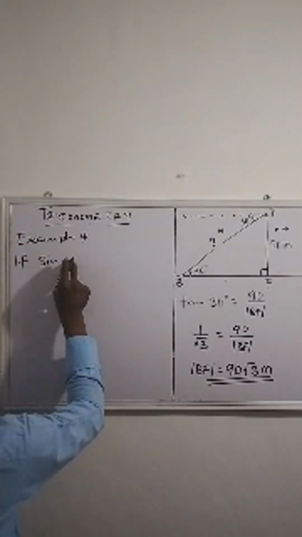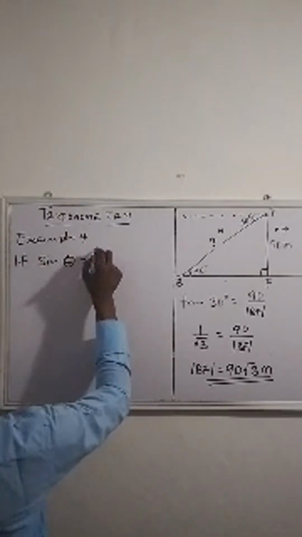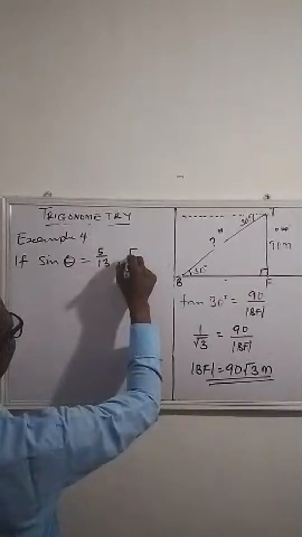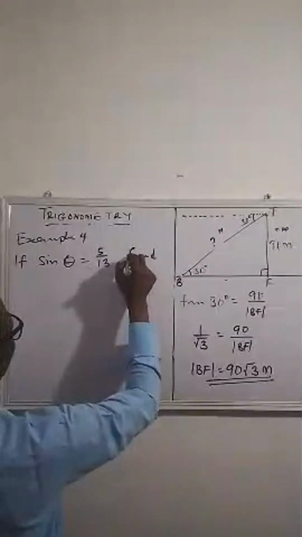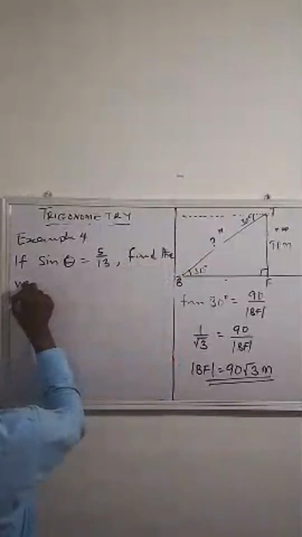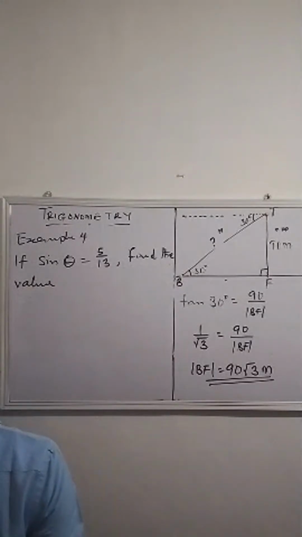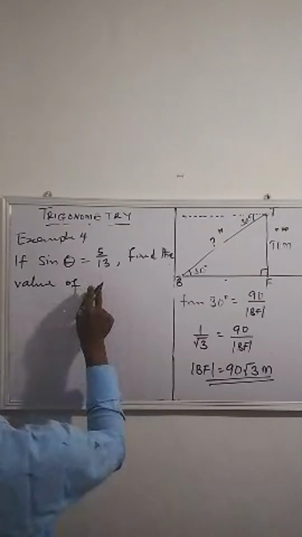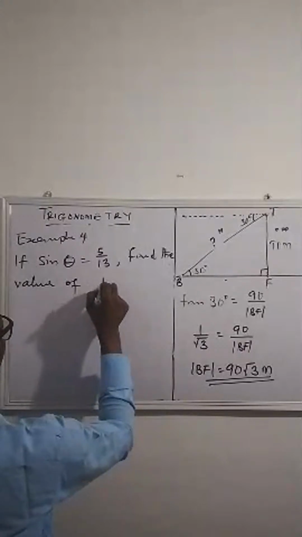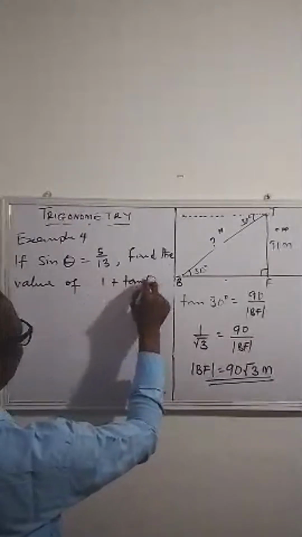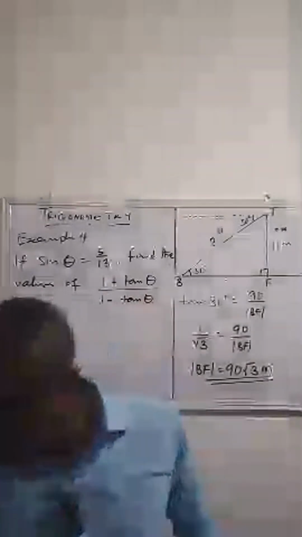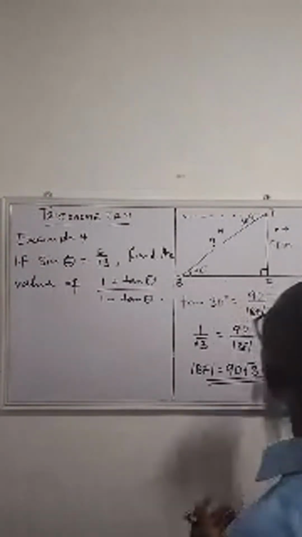If sine theta equals 5 over 13, find the value of... okay, so that is the question. So we are going to solve this problem together now.